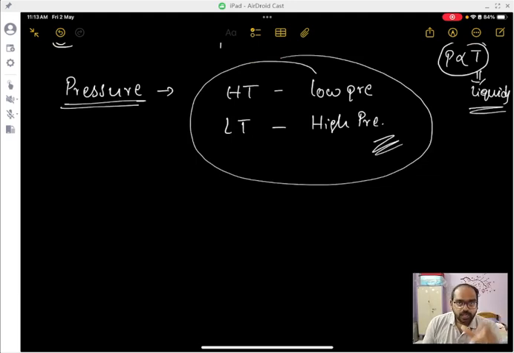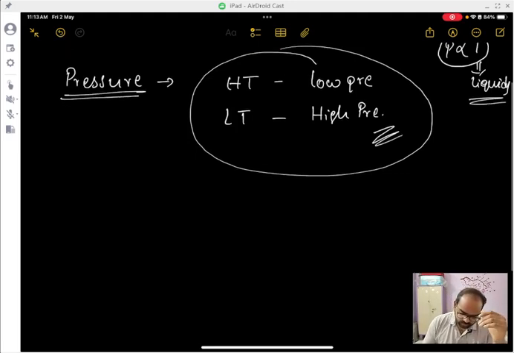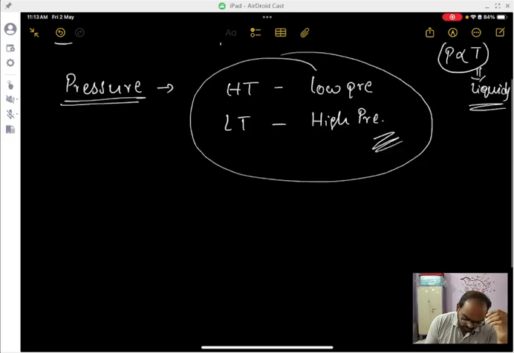Secondly, what happens due to this temperature induced pressure? Pressure travels from high pressure areas to low pressure areas.